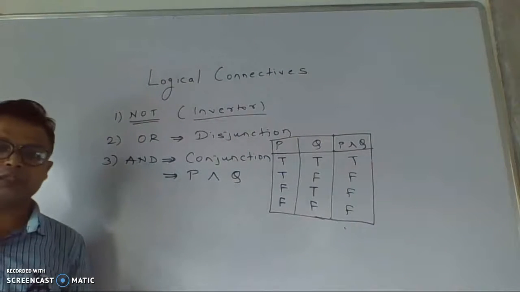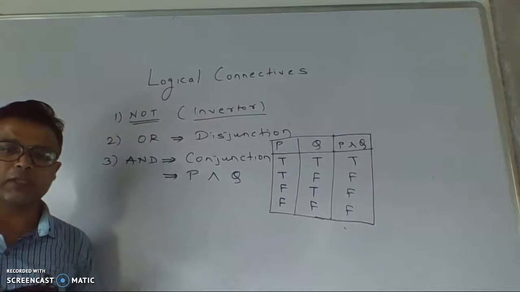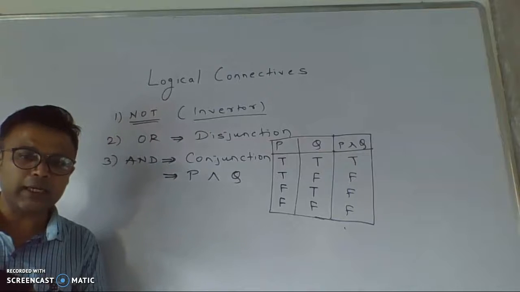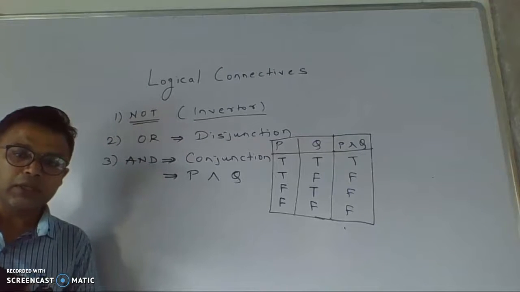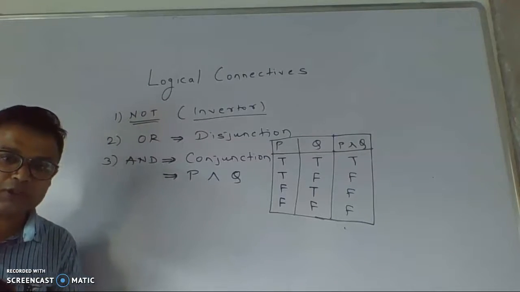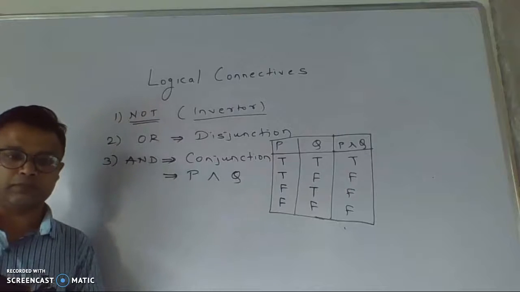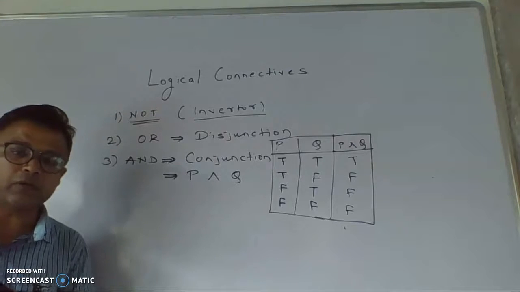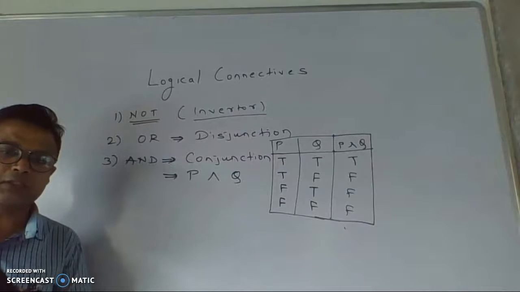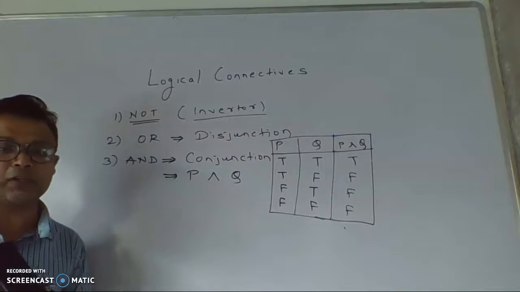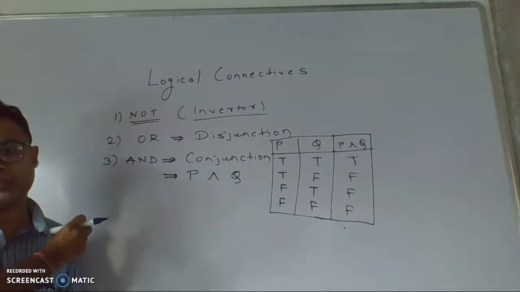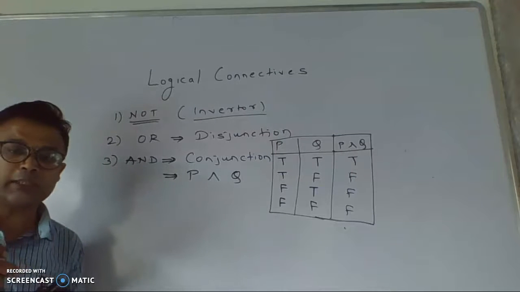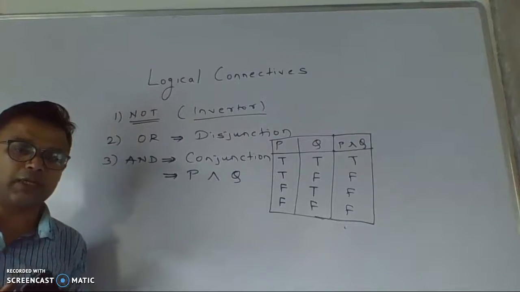Now let us see what we can conclude from this. From this we can conclude that if at least one of the statements is false, then the result of AND is false. So even if you have a single F, for multiple statements, if one of the statements is false, then the result of AND is false.